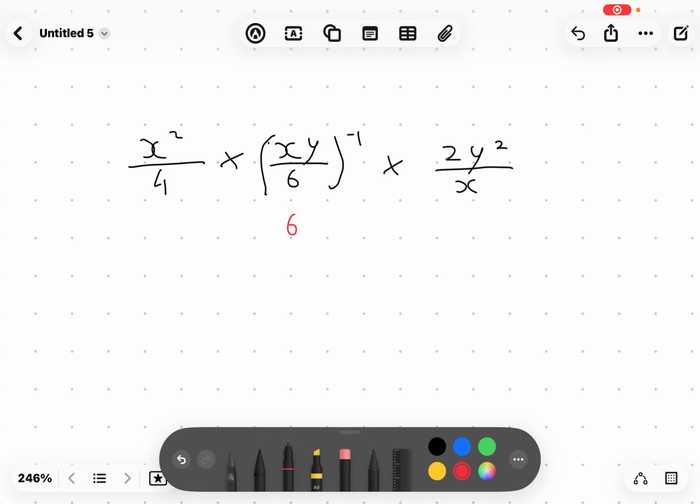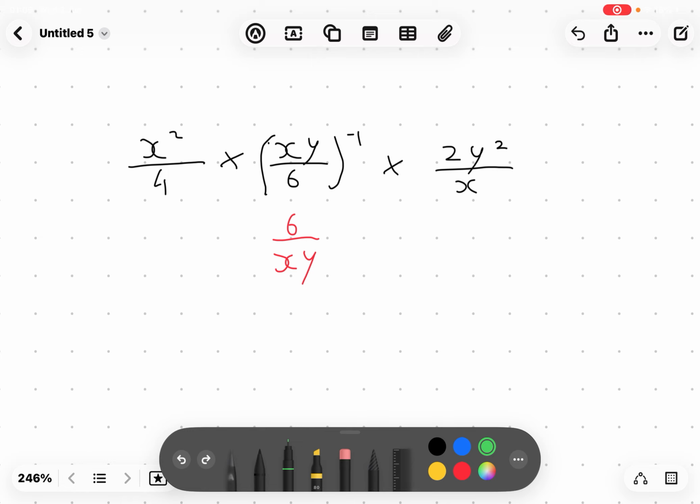So we will flip it to make the 1 positive, but because it's only a 1, it doesn't matter, so we can just write it like this. And now we're able to take away this stuff. Also a very important thing, we can take away this x, it doesn't quite matter, as long as it's from top to bottom or bottom to top.